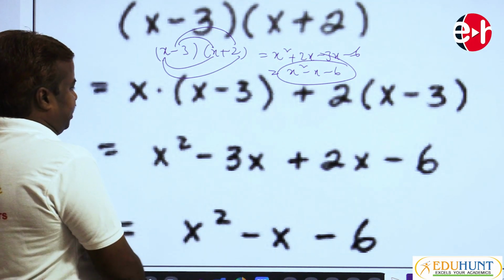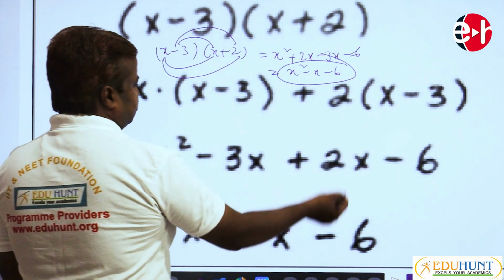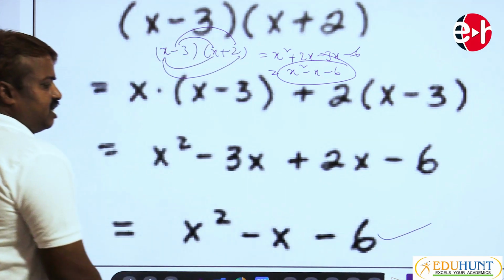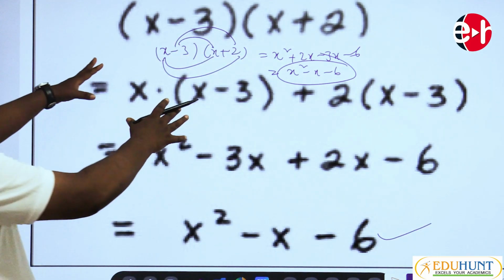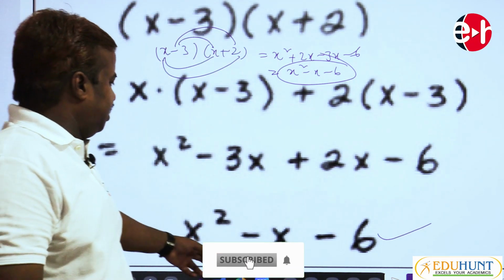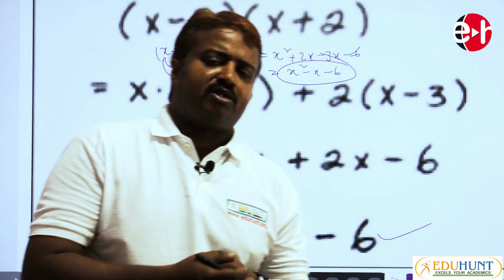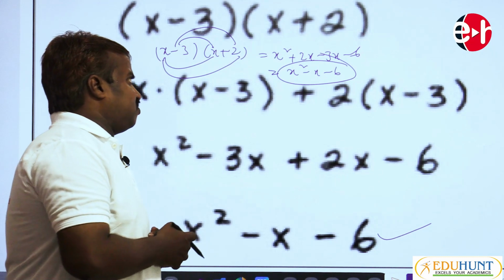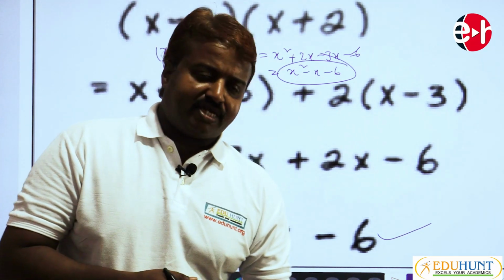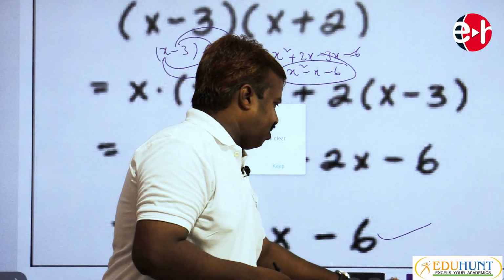Finally you get x square minus x minus 6, children, which is the product of two binomials. You multiply the two binomials and get a quadratic polynomial, which is a polynomial of quadratic form.